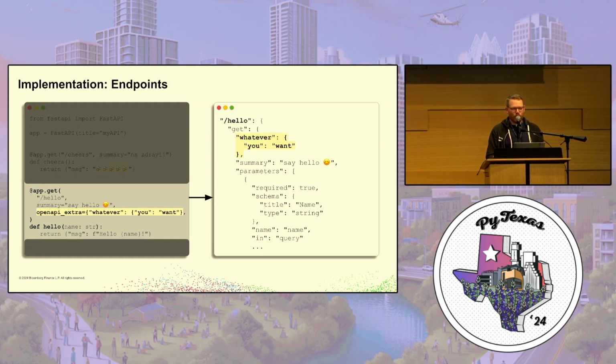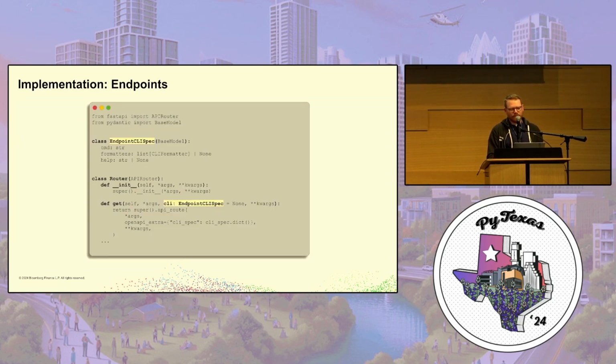We could just shoehorn a huge dictionary into every endpoint decorator, but that would be awfully crude and not very readable. So instead, we decided to implement our own child class of the FastAPI API router, but added a couple additional arguments to include the CLI specification, something like what's shown here. With that, now we can define our API endpoints and associated CLI commands like this.